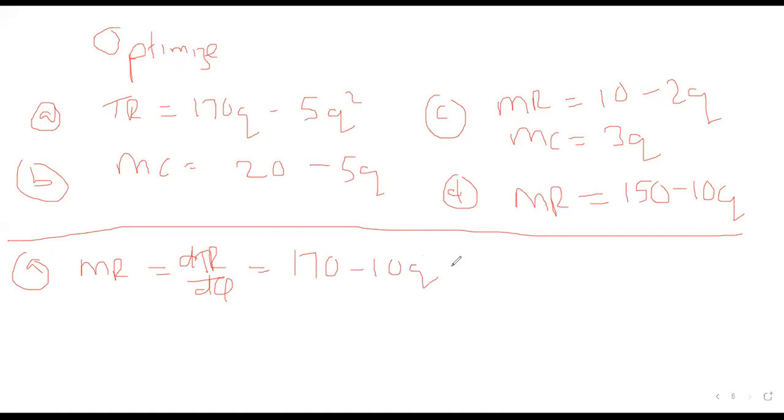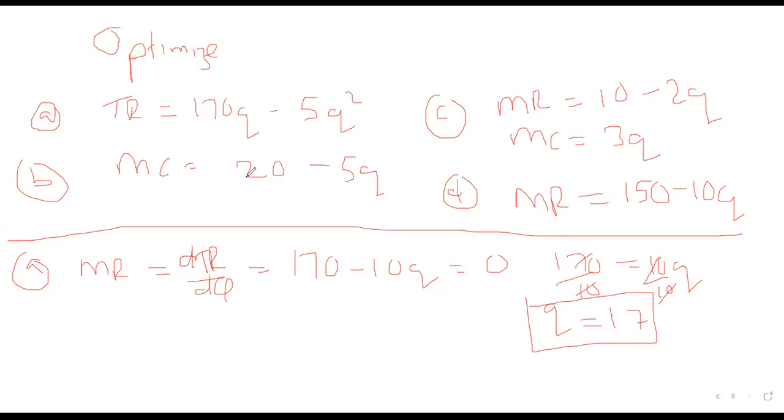Then what do we do to maximize? Equate it to 0. When this one goes aside, it will be 170 is equal to 10Q. When you divide both sides by 10, our quantity is 17. What is 17? The number of units that will maximize your revenue.